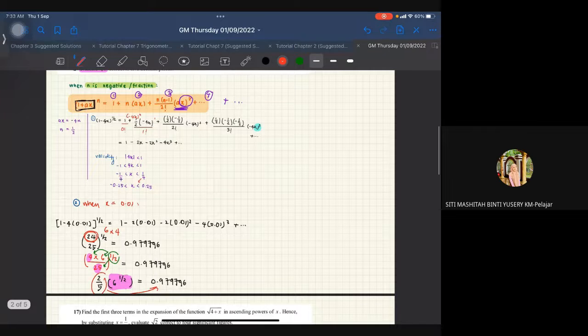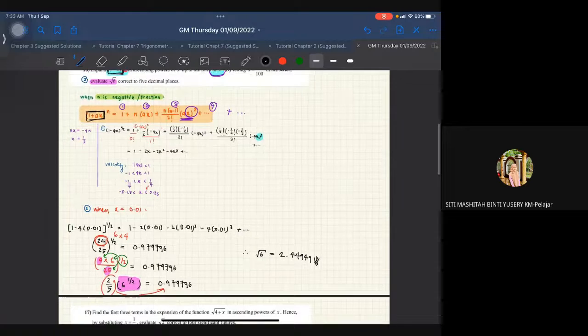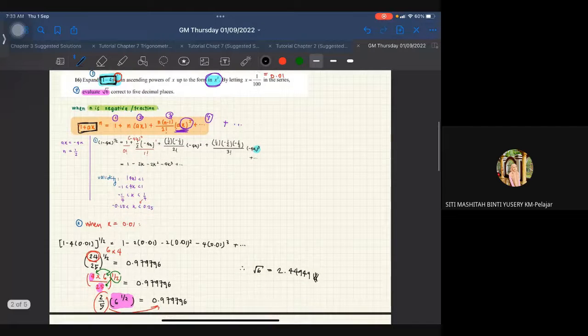So your final answer is supposed to be set 6 is equal to 2.44949. Inilah jawapan awak. Settle.